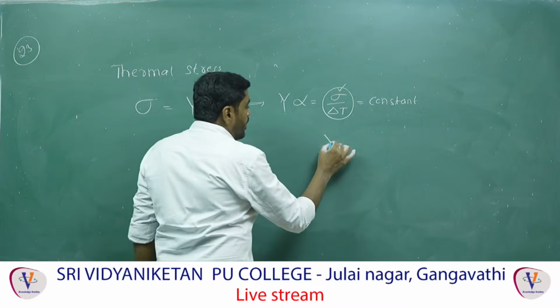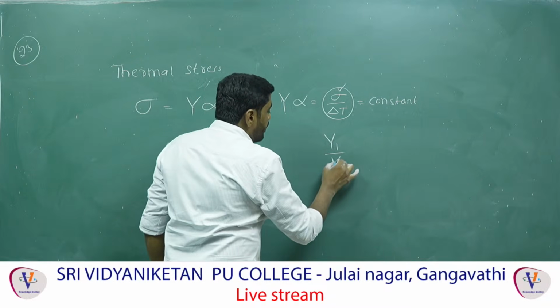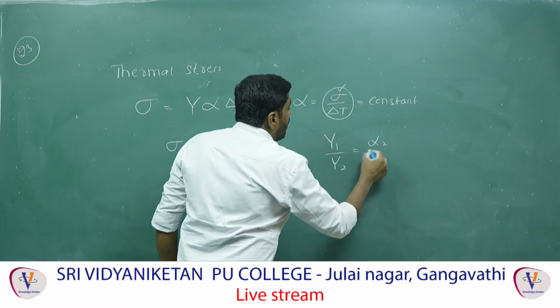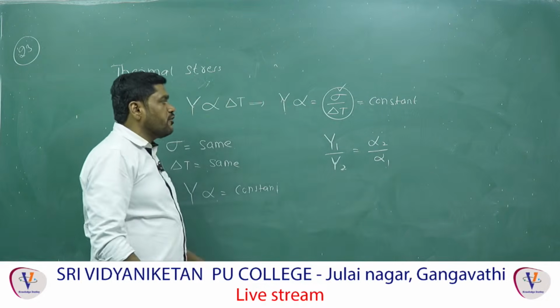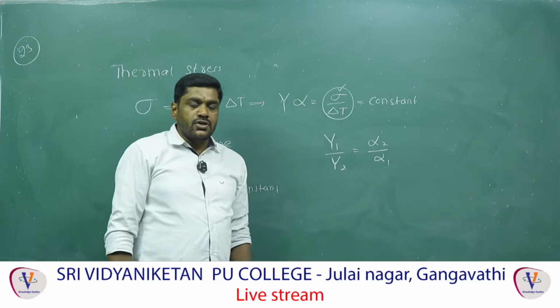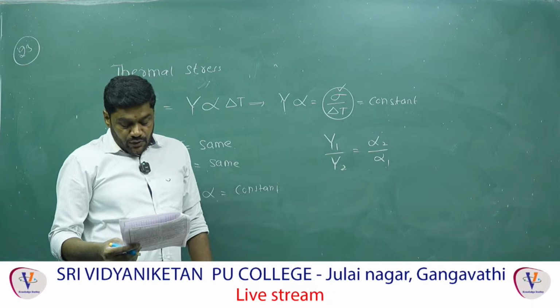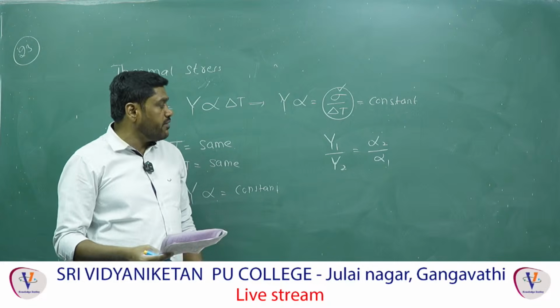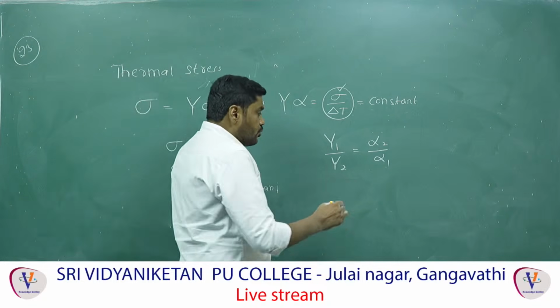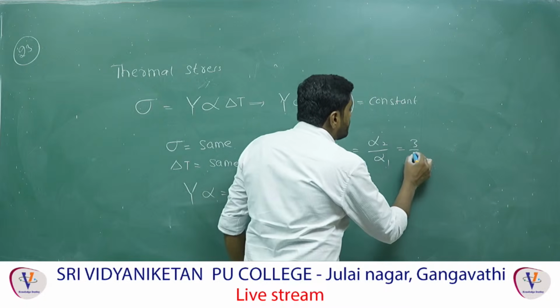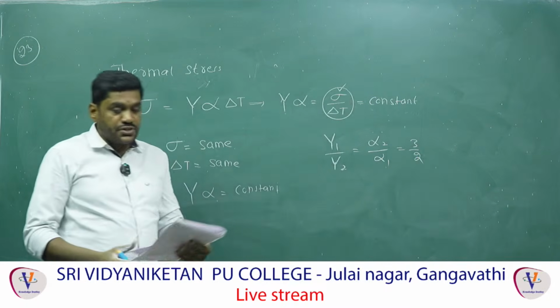Therefore Y1 by Y2 is equal to alpha 2 by alpha 1. If you bring the alpha to this side, it goes into the denominator. They are asking Y1 by Y2; alpha 1 by alpha 2 is 2 by 3 as given, so the answer is 3 by 2, because it is reversed.